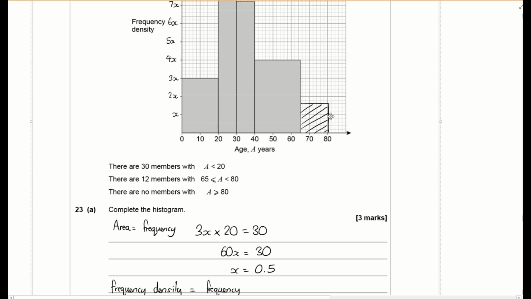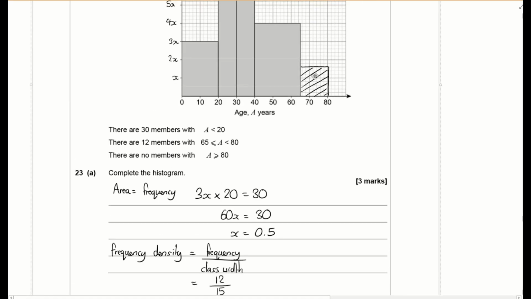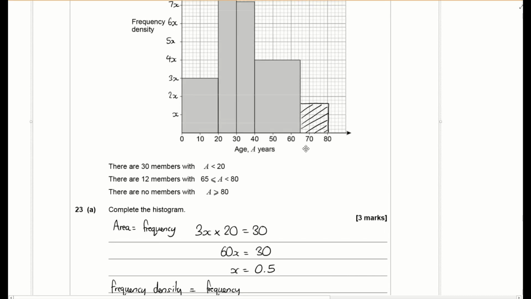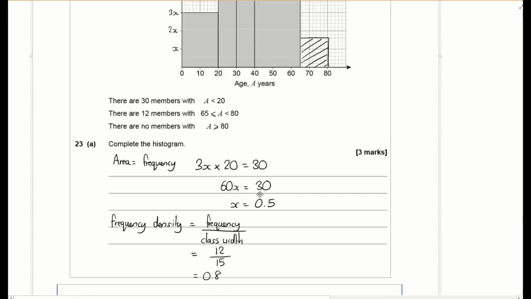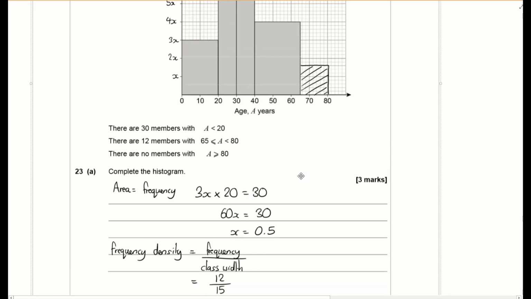We can also now complete the final rectangle. Now, a formula that you must remember for histograms is that frequency density equals frequency over class width. And we've got a frequency for the last rectangle of 12, and we know the class width is actually 15 because it's 65 to 80, that's a difference of 15. So the frequency density will be 12 divided by 15, which is 0.8.